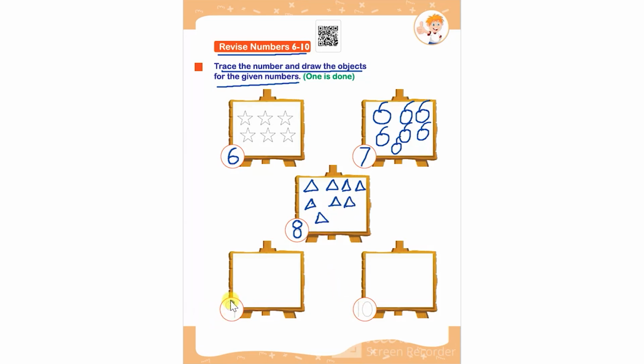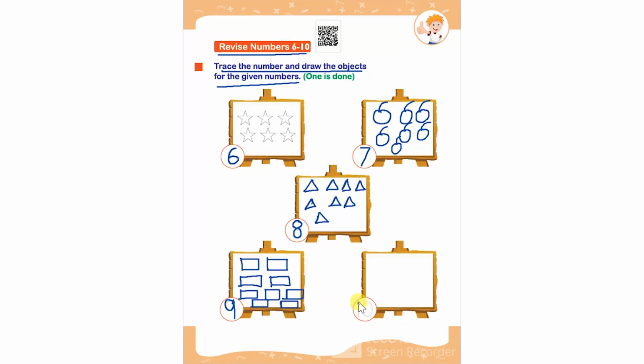After that they have to trace the number 9 and they can draw any number of objects. Say for example they are drawing rectangles. 1, 2, 3, 4, 5, 6, 7, 8 and 9.